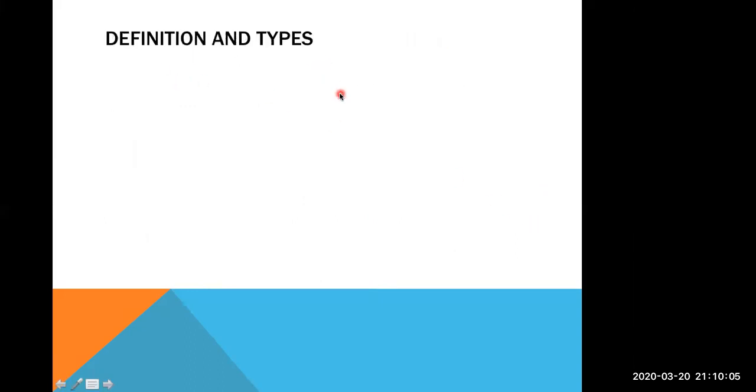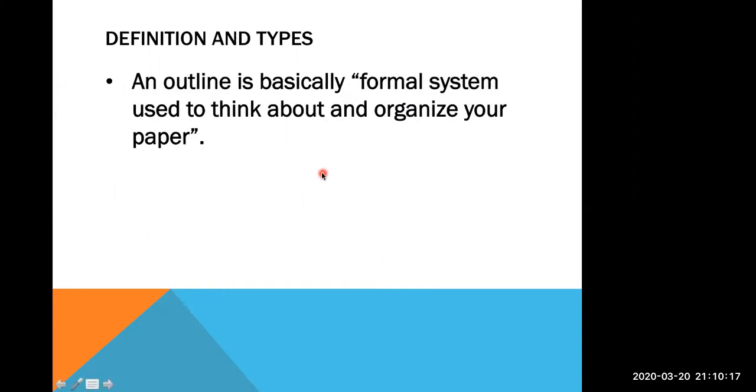Definition and types. This slide gives us an overview of the definition of an outline and its main types. An outline is defined basically as a formal system used to think about and organize your paper. What does this mean?